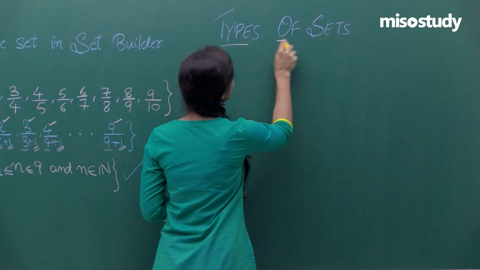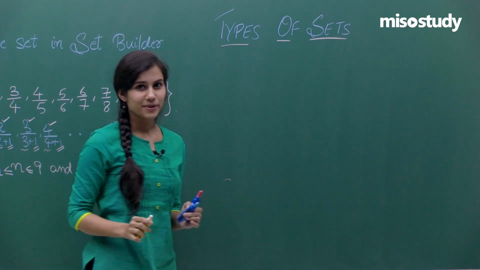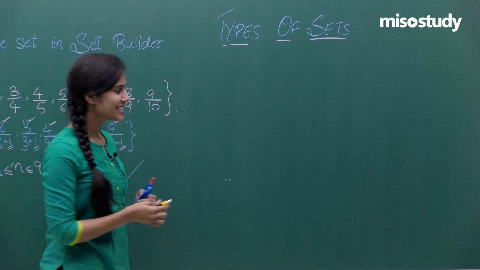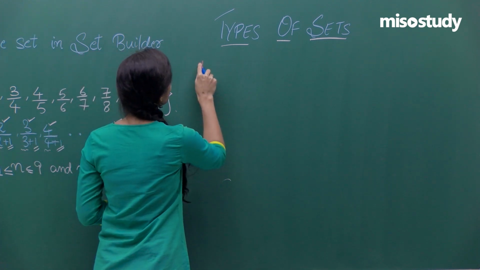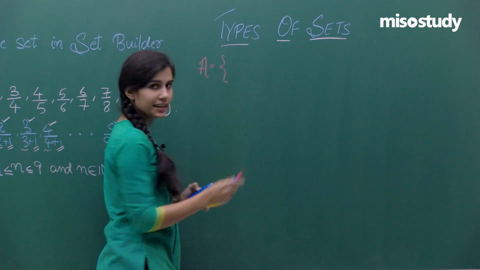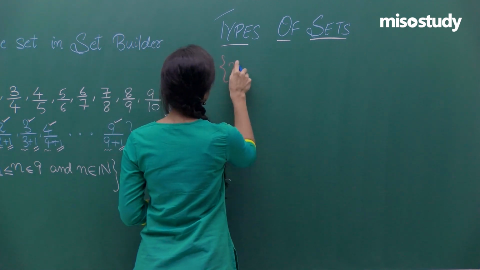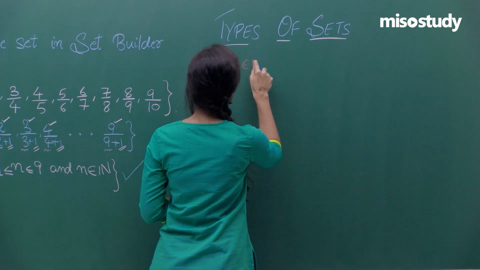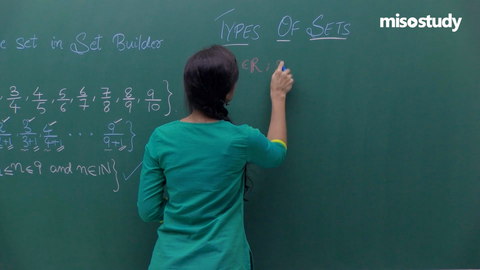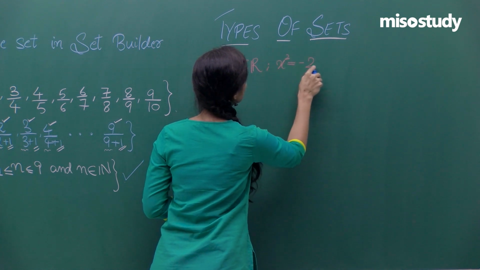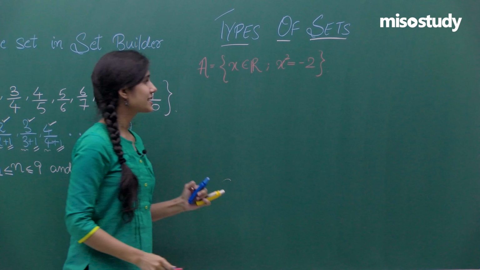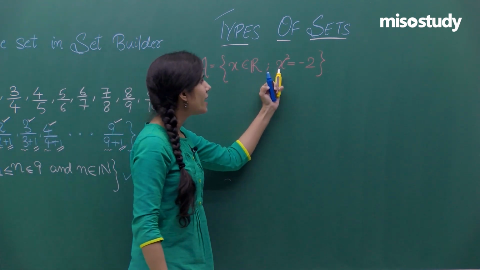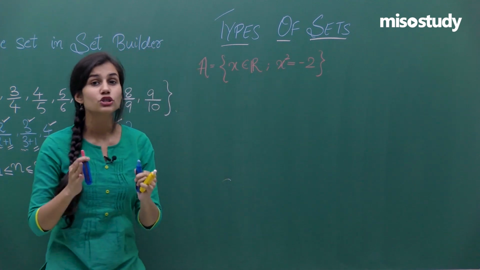In order to study the very first type, let me bring before you two very nice sets. Suppose I give you a set A, which is all those x belonging to the collection of real numbers such that its square is equal to -2.